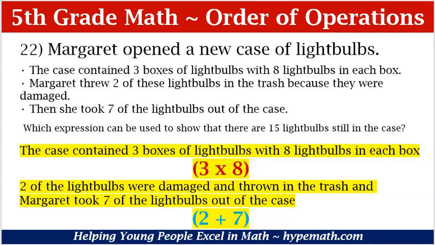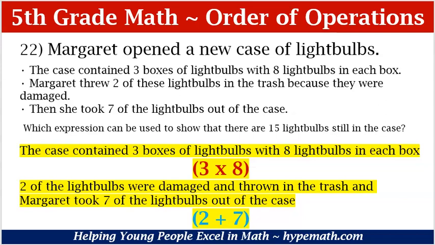Well, for us to calculate how many light bulbs there are all together, instead of having 8 plus 8 plus 8, a quicker way is to multiply the number of boxes, which is 3, times how many light bulbs are in each box. That's 8. So that is where we get 3 times 8. So that's the first part. And we put it in parentheses because we know this is the total amount of light bulbs in the box. Okay?